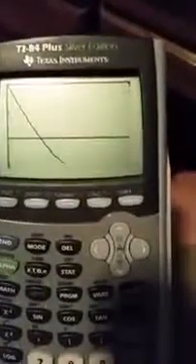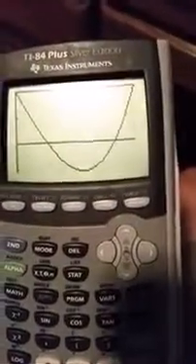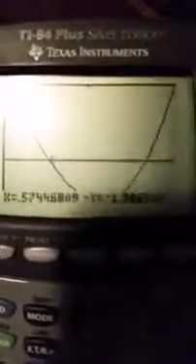Surely there's a horizontal line. There is our other. And we want to go to where the lines meet up. Alright, so right there, you see where it meets up.